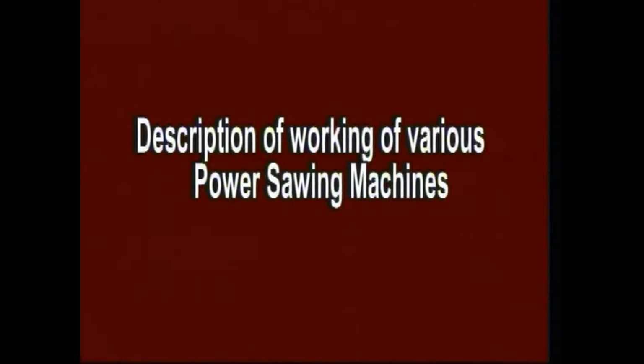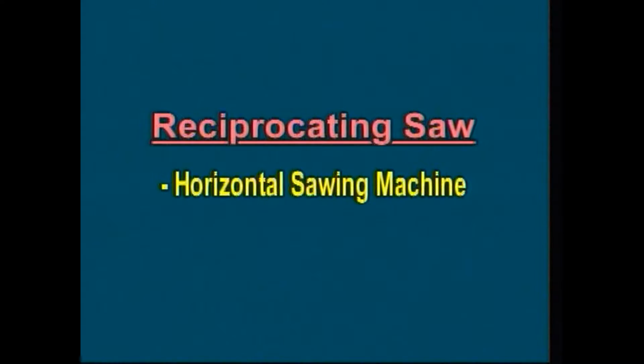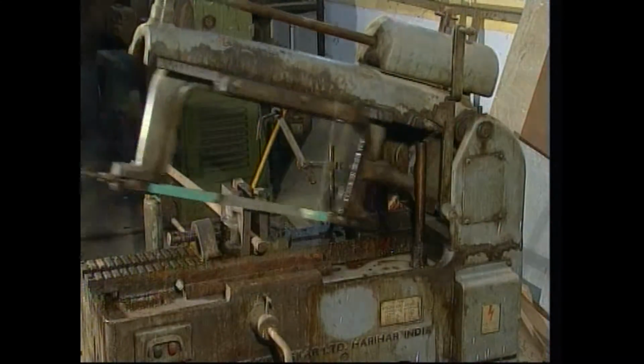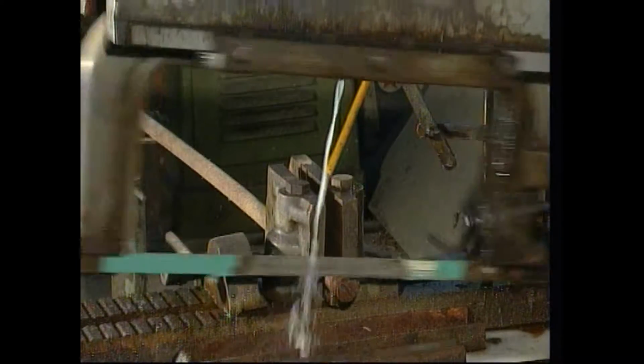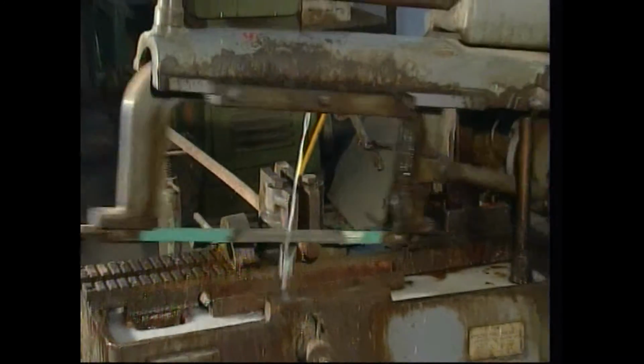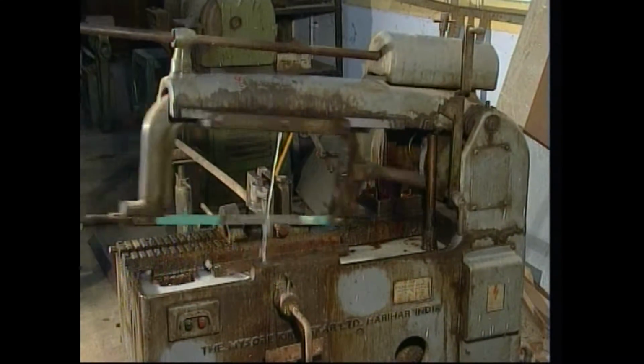Now we will discuss the working principle of various power sawing machines one by one. First one of reciprocating saw is horizontal sawing machine, that is power sawing machine. The power hacksaw is a comparatively simple machine. It is also called horizontal sawing machine.